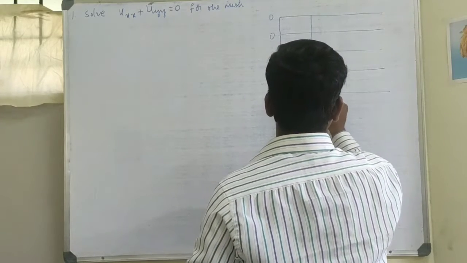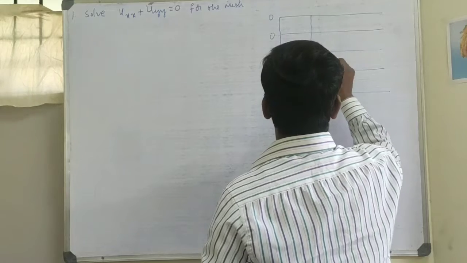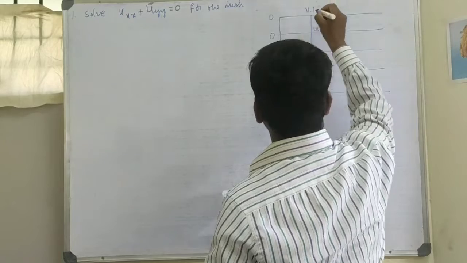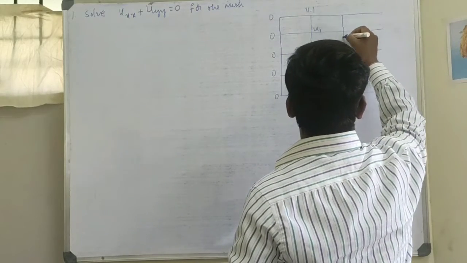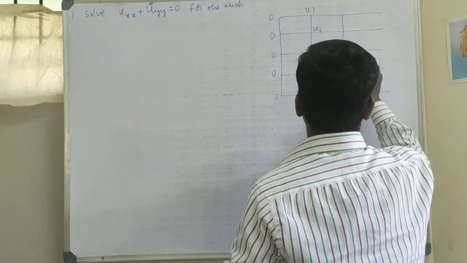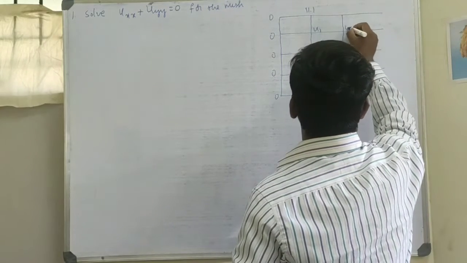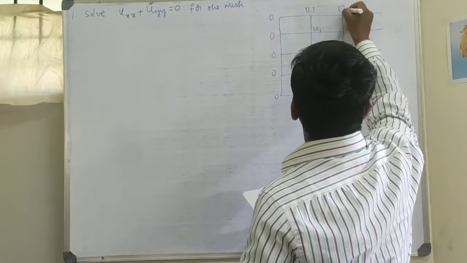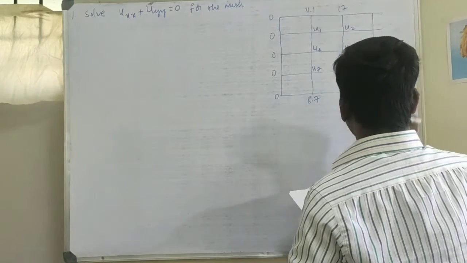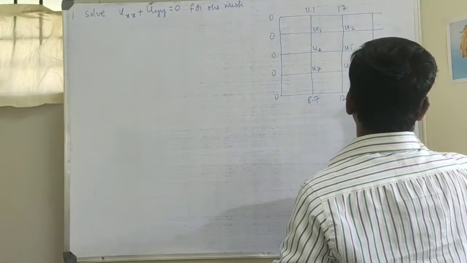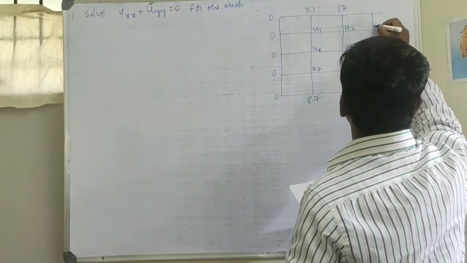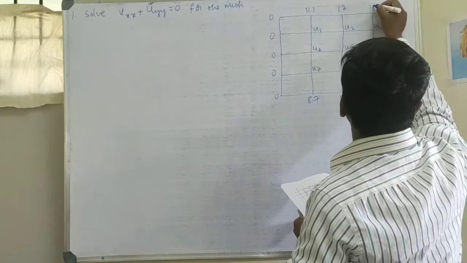This one 8.7, u7, u4, u1, 11.1. Then 12.1, u8, u5, u2, 70. Then 12.8, u9, u6, u3, 19.7.